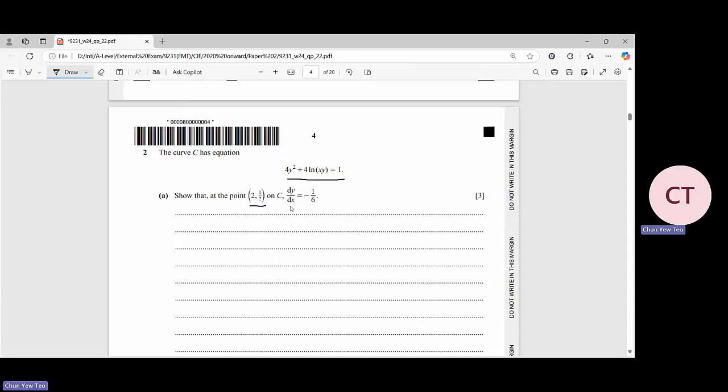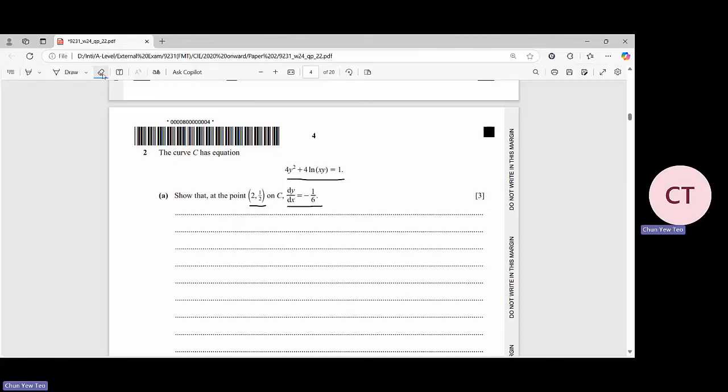As given here, show that at this point dy/dx is negative 1 over 6. For this question, we need to do implicit differentiation. 4y squared differentiates to 8y dy/dx.